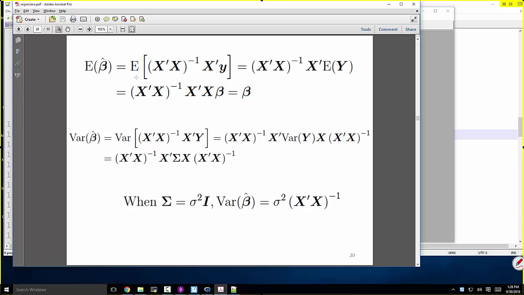So let's see, the expected value of beta hat. That's the expected value of the expression for beta hat, x transpose x inverse, x transpose y. Since the x's are constants, as far as we're concerned, this expected value is only with respect to y. In regression, the x's are treated like they're fixed. So those are just constants.